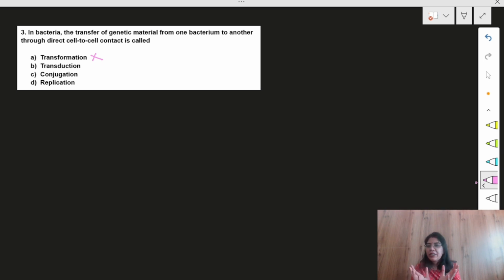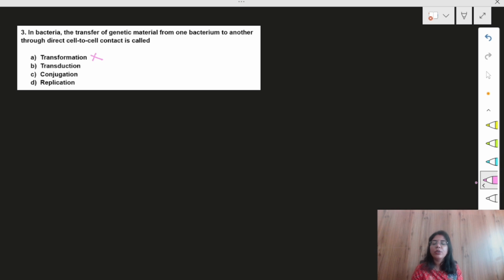When the cell disintegrates because of viral multiplication, these particles go on to infect other bacterial cells. So the viral particle that has taken the genome of one bacterial cell gives it to another bacterial cell. This is called transduction, right?